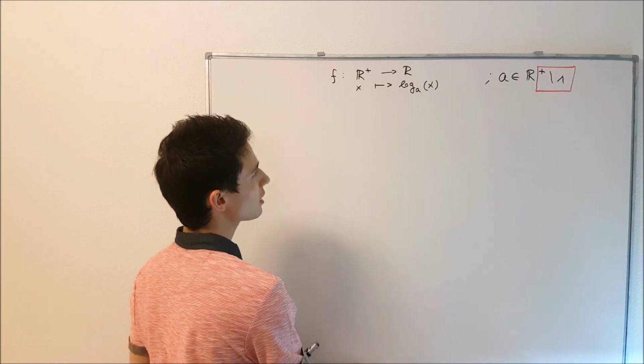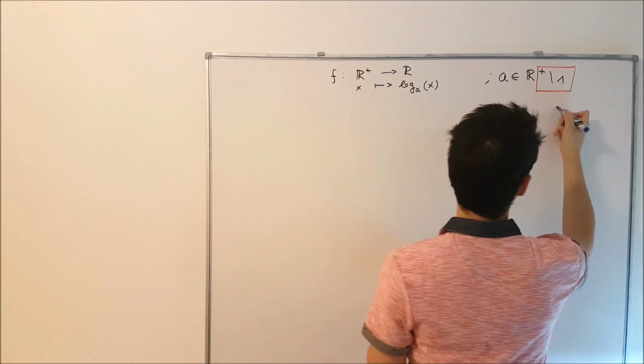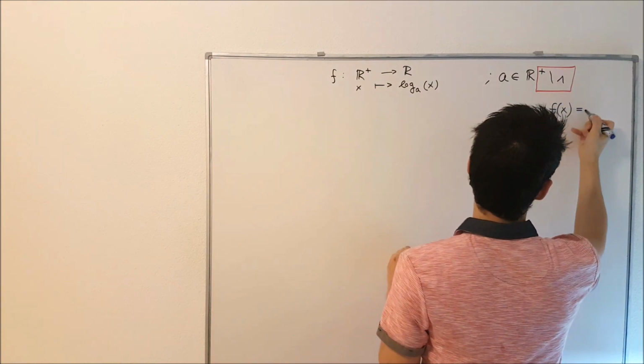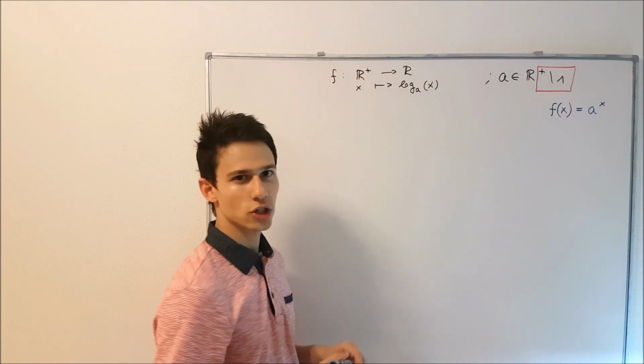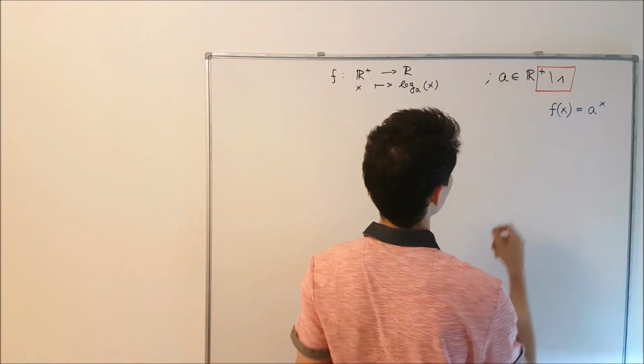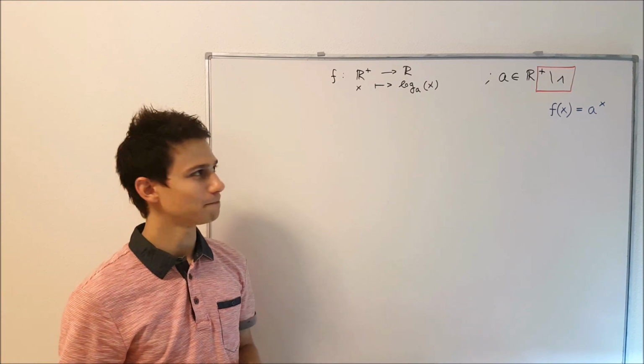Now, if you've seen my earlier videos on the exponential functions, which are the following, f of x is equal to a to the power x, then we had the same restriction on this base a. And if you've seen the video up there, then you should also know why.